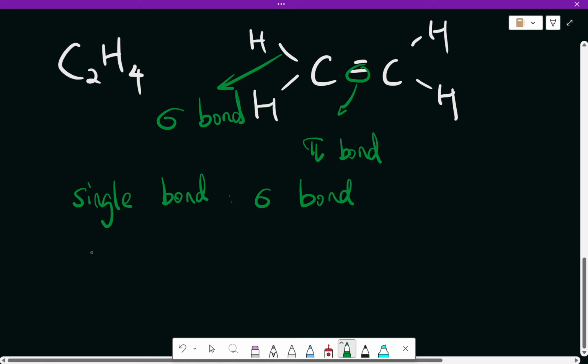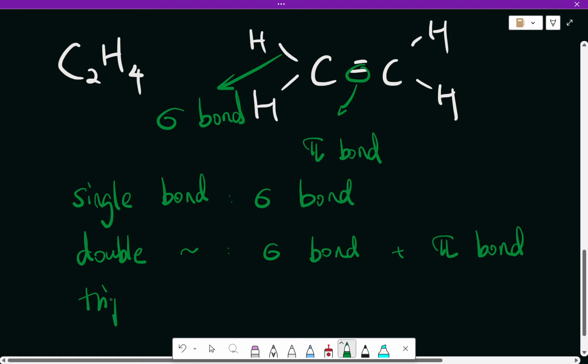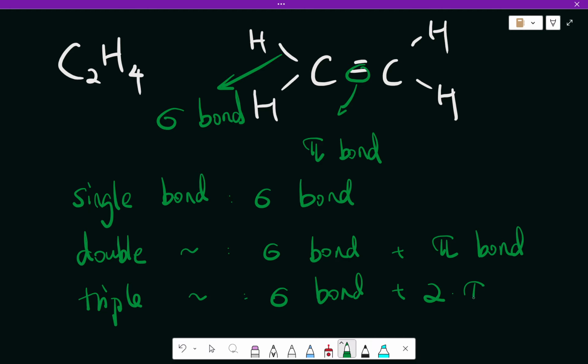For a double bond, it would be a sigma bond plus a pi bond, whereas a triple bond would be a sigma bond plus 2 pi bonds. So that is how we would look at these two different kinds of bonds. So sigma bonds, for carbon, are formed by hybridized orbitals, and it is a single bond. And pi bonds are formed by unhybridized p orbitals.